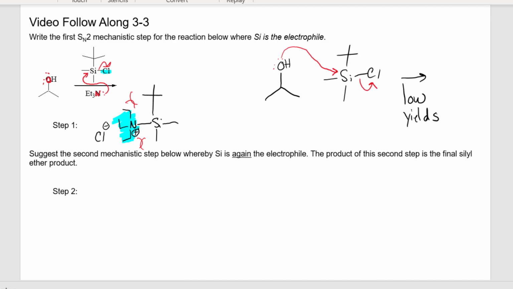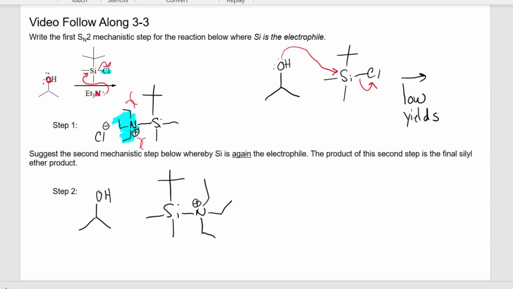So you're kind of coaxing the alcohol now into activity. You're saying, hey, I kind of got myself in a pickle here. I really need help. I was okay before with this leaving group, but now I'm kind of screwed. I got a lot of steric hindrance going on, and the nitrogen just wants out, right?